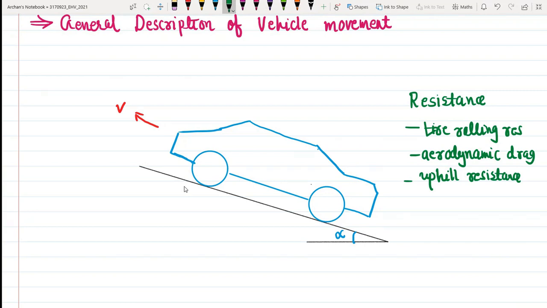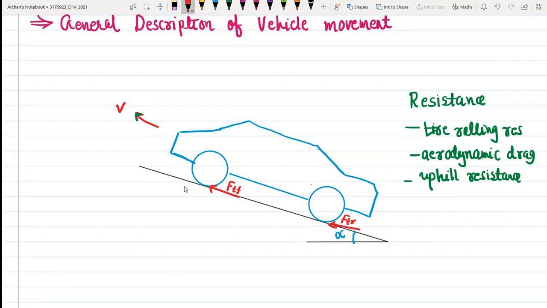So now our vehicle is moving in this particular direction having a velocity of v, right? And we are applying some tractive force, right? So this tractive force has been applied over here. This is my tractive force applied over here also. Let us call it FTR.